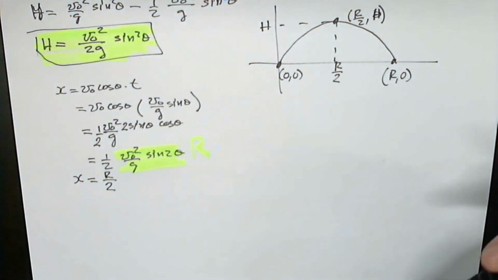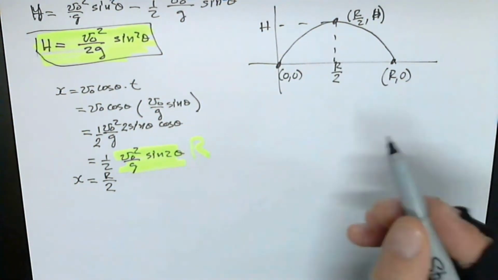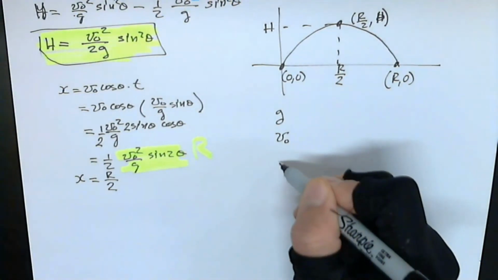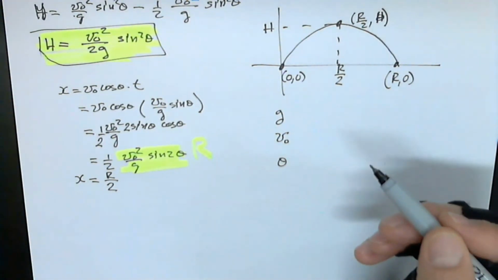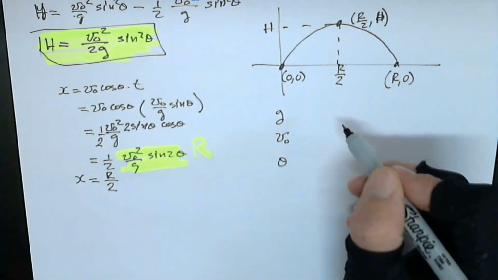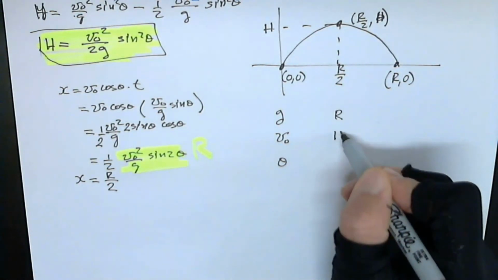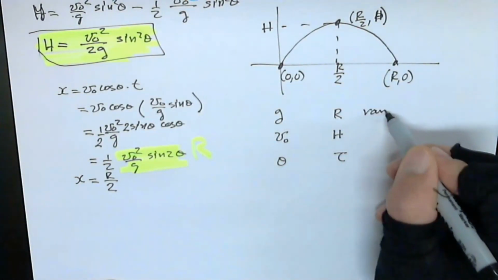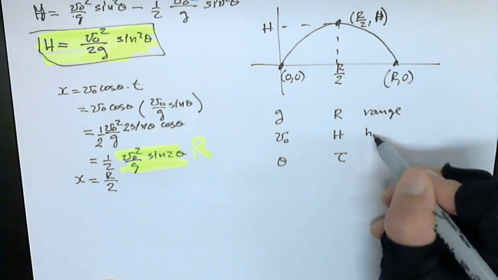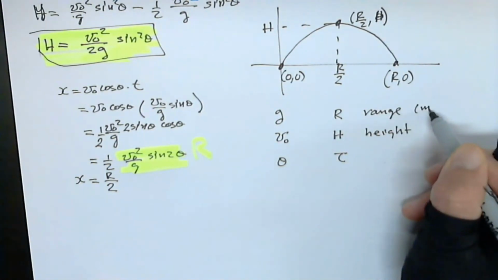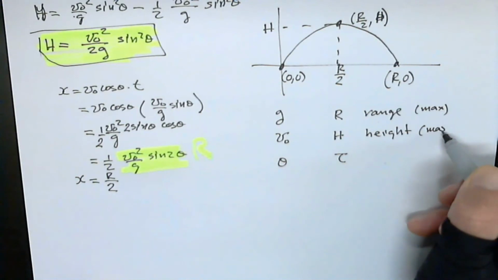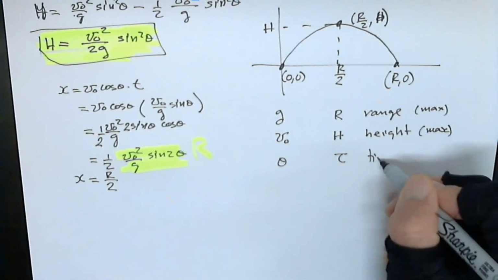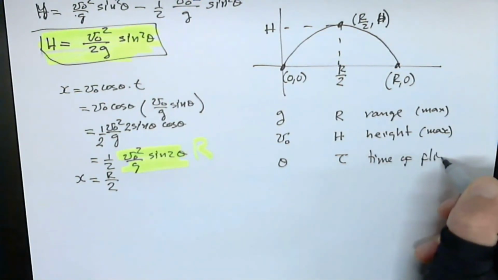This is the height, and you could think of it this way. We have g, the initial velocity, and the angle, and you could have the problem written in terms of r, h, and tau. So the range, the height, max given the angle. Max is when the angle is 45, and this is the time of flight.